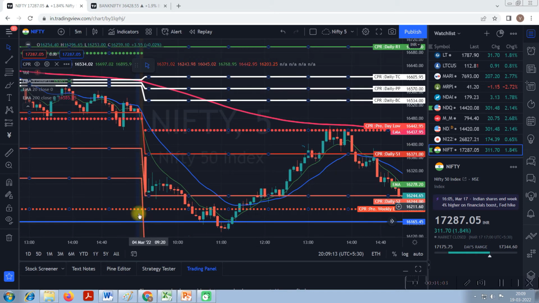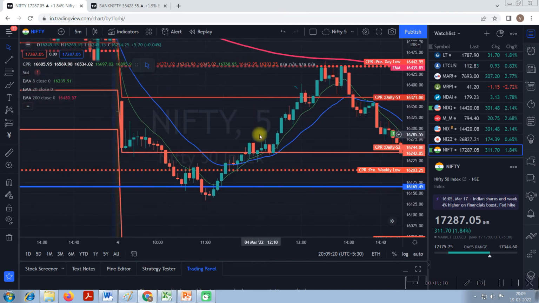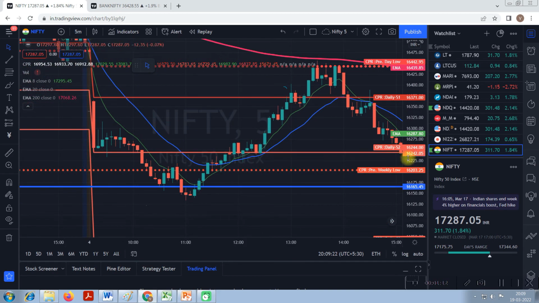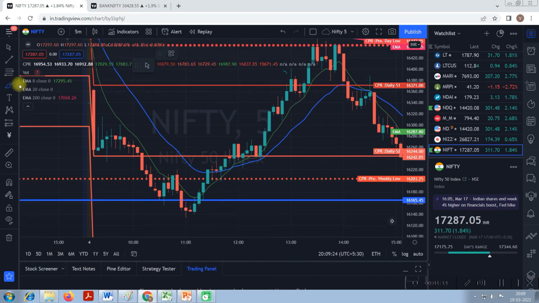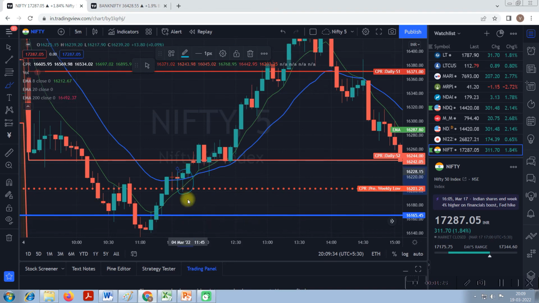After knowing everything, you know that the market is going to reverse anytime, so you need to wait for the right location. This is the right location. When the market took support at the previous week low and printed a bullish hammer candle, you can enter at this candle close and keep your stop loss just below the candle.